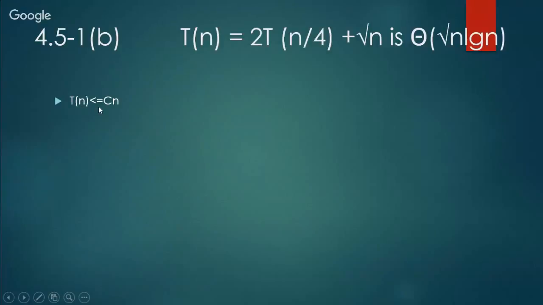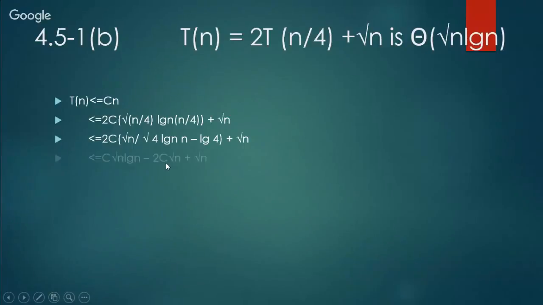So T(n) is less than or equal to C square root of n log n, and I plug this into the equation. Then I expand that; the 2 will cancel out with that. Then when you expand this, we are able to find this equation.